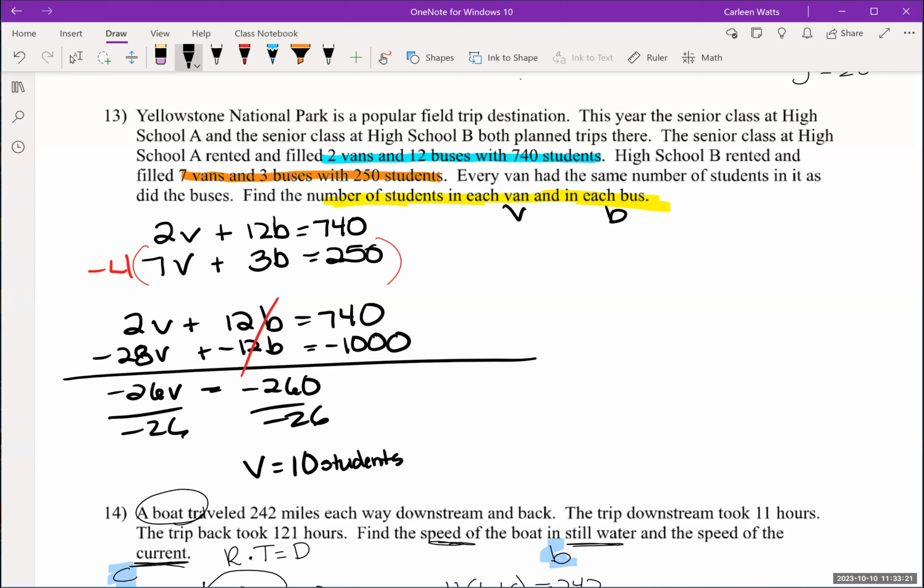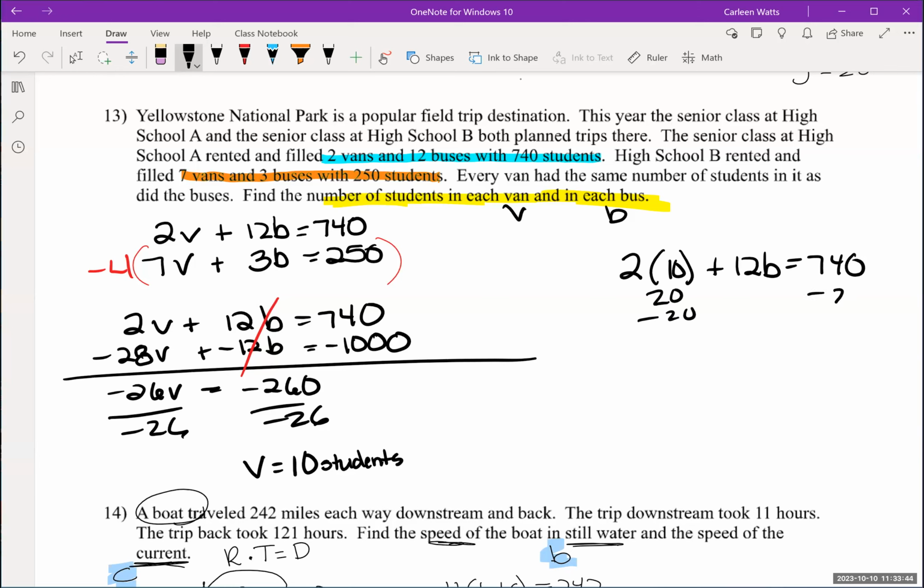Let's go back to the top equation. 2V plus 12B is equal to 740. This is 20, right?